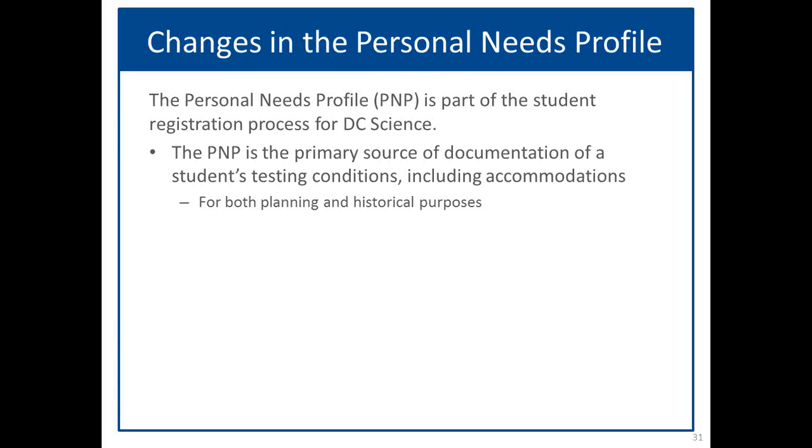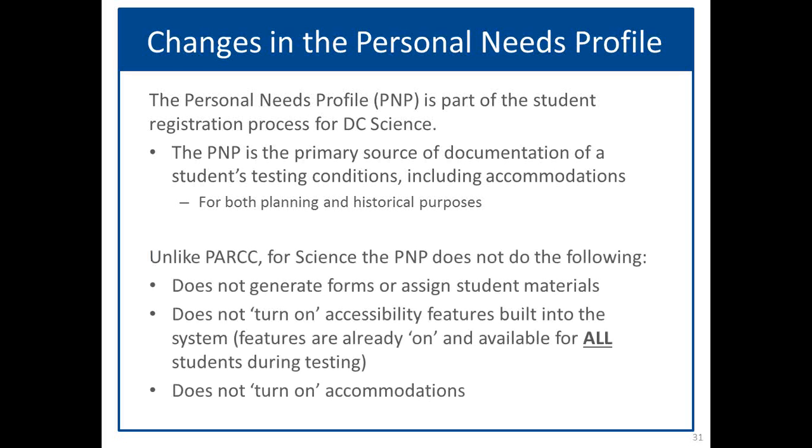For the PARCC assessment, the Personal Needs Profile was the primary source of documentation for students' testing conditions, including their accommodations, and it was for planning and for historical purposes, but it also turned certain features on and off in the testing system. That's different for DC Science. For DC Science, it is how you record the accommodations or accessibility features that a student is receiving.